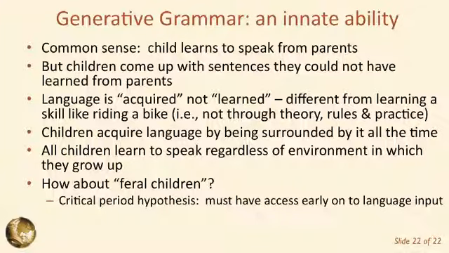So starting from the age of 1 or so, going up to the age of 3 or 4, you really need to have that access. And if you don't have that, then it's very difficult later on to learn syntax and to learn how to use a language correctly. So that's kind of a caveat to both universal grammar and generative grammar.